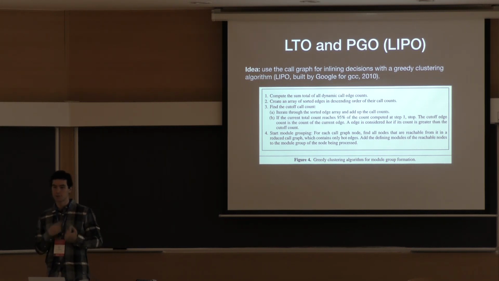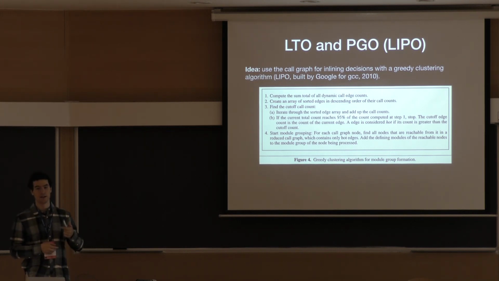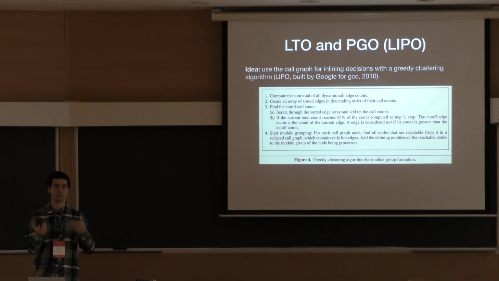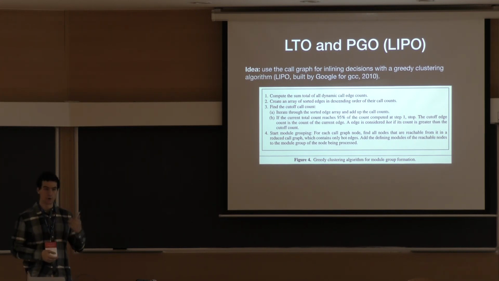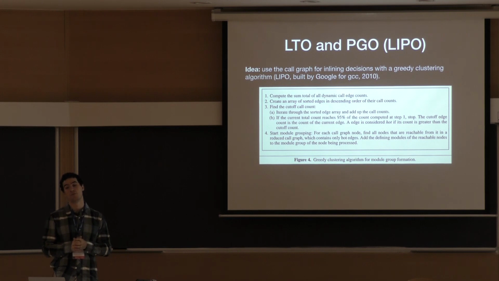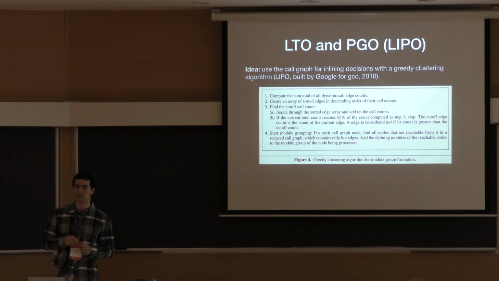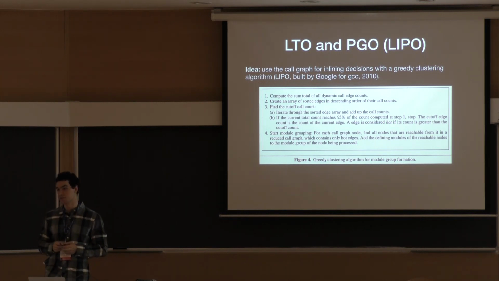And so this was a way that they managed to have parallel interprocedural optimization, so basically parallel LTO, without actually having to do all the serial work. So before ThinLTO came along, it was a relatively scalable way of doing intermodular optimization. And so this is probably not, I don't think anybody uses LIPO anymore, given all the new stuff that has come out since.